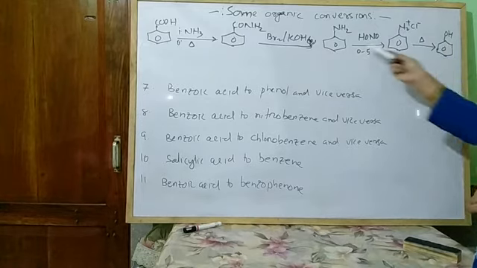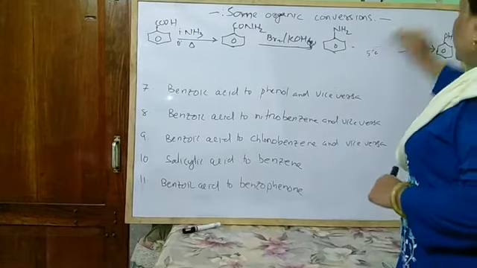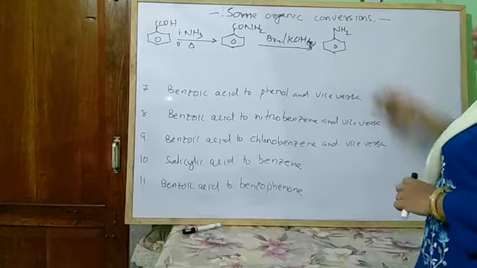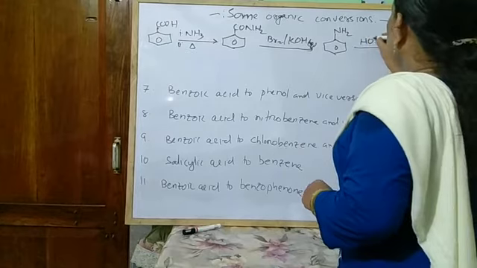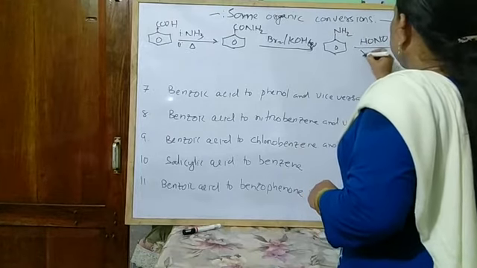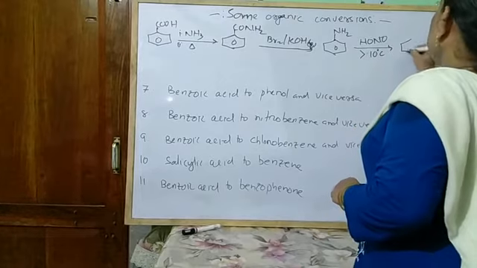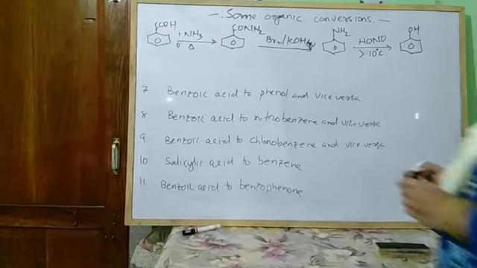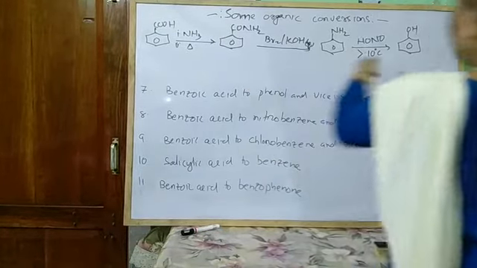Instead of this, the reaction can be directly written if you use nitrous acid at higher temperature, that is temperature more than 10 degrees Celsius. If it is treated with nitrous acid at temperature greater than 10 degrees Celsius, it forms phenol. This is how you can convert benzoic acid to phenol.